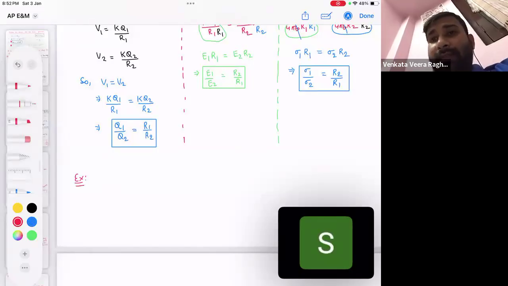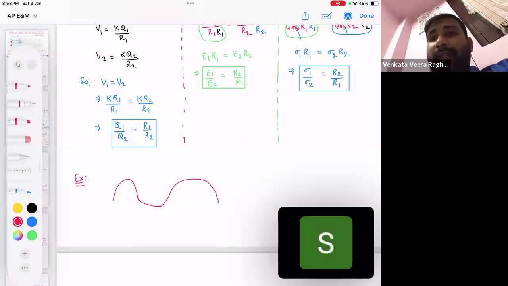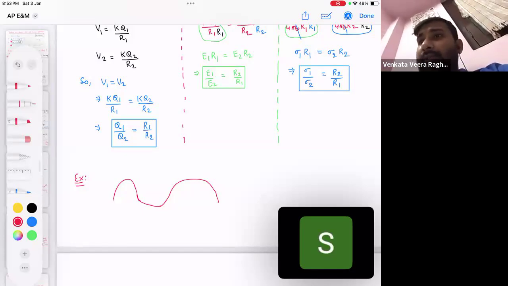So sometimes they will give you a theoretical question like this. Can you identify in these two cases where the field is going to be strong, where the charge will be accumulated more? Please tell me.